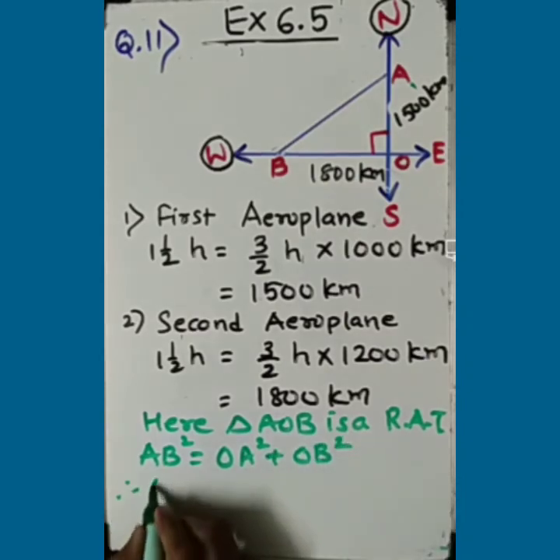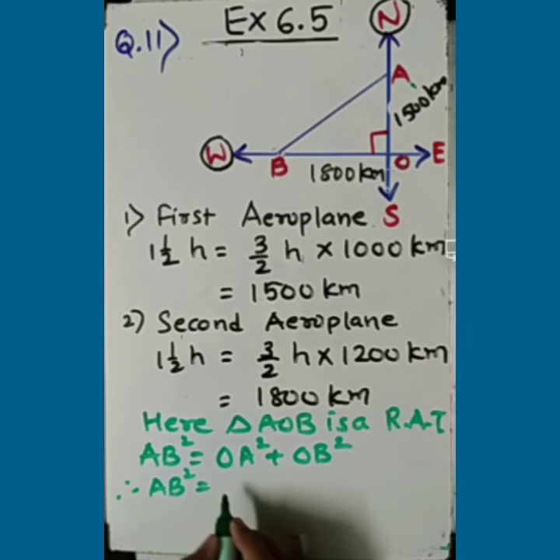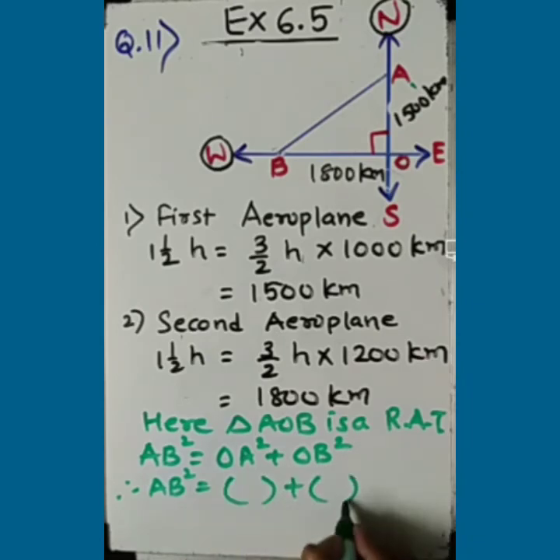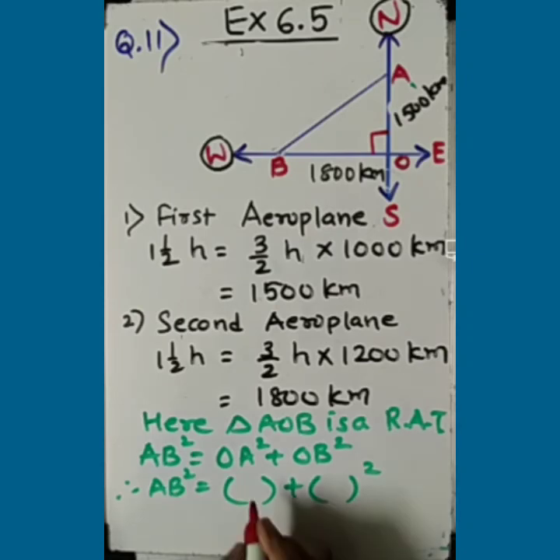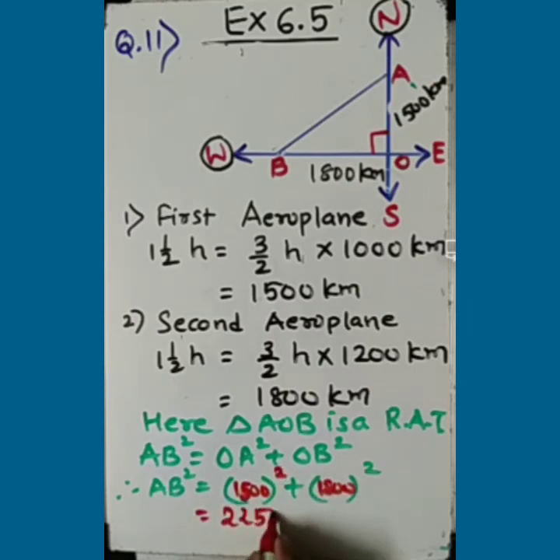Fine. So let me find this distance. For that, I need to write this. OA is 1500, OB is 1800. So I am writing here 1500 and this 1800. Of course, the square of 15 is 225.